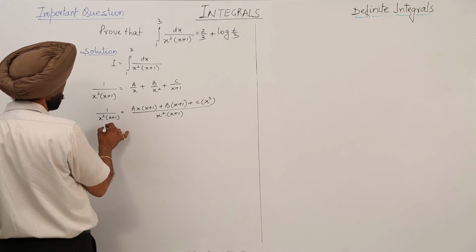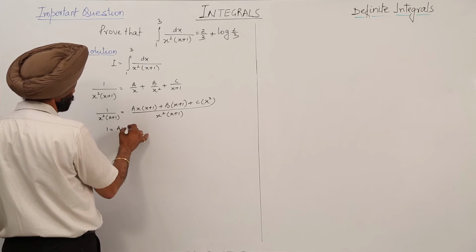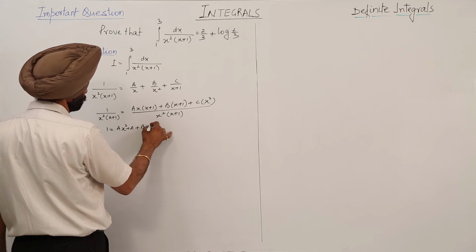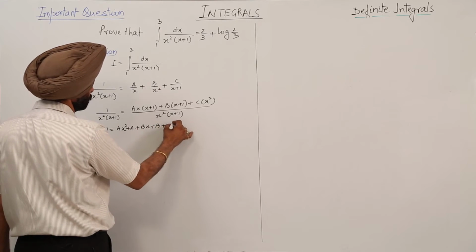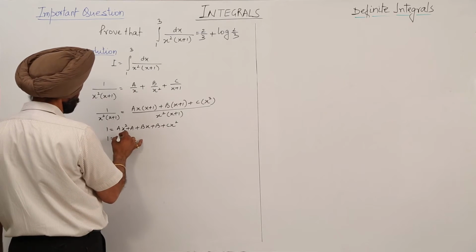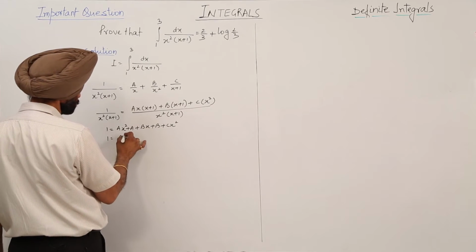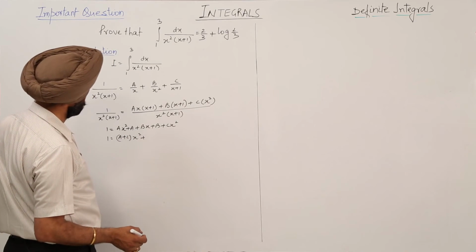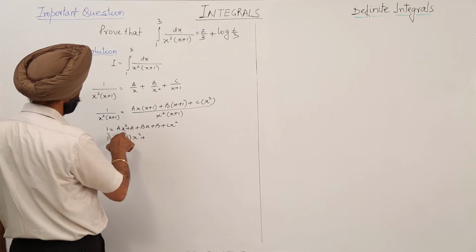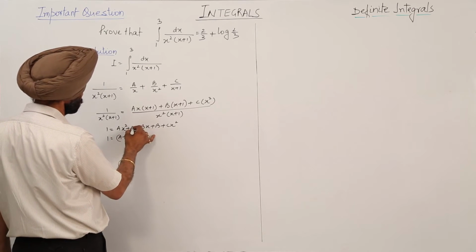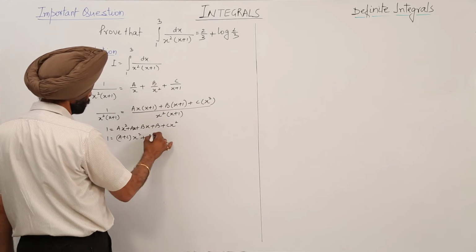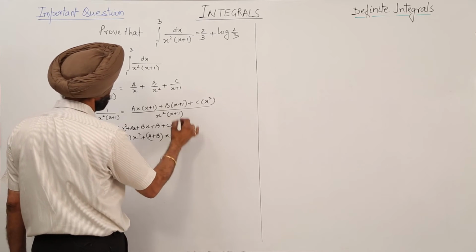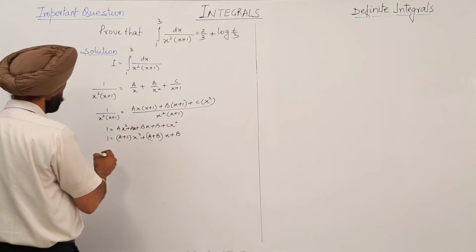So, what we are having: 1 is equal to Ax squared plus Ax plus Bx plus B plus Cx squared, which is (A plus C)x squared plus (A plus B)x plus B.